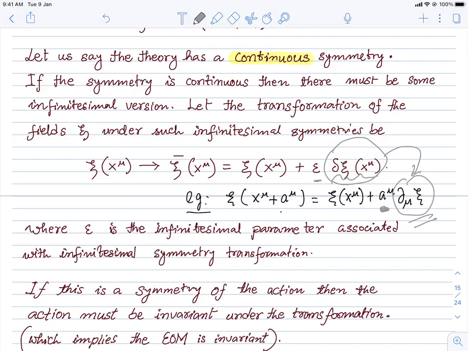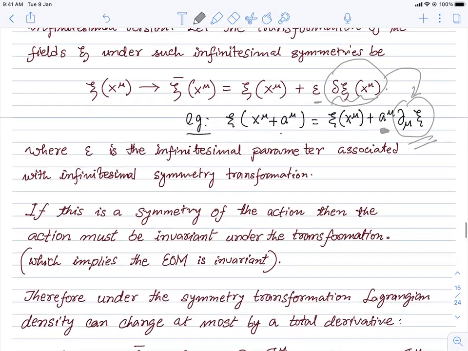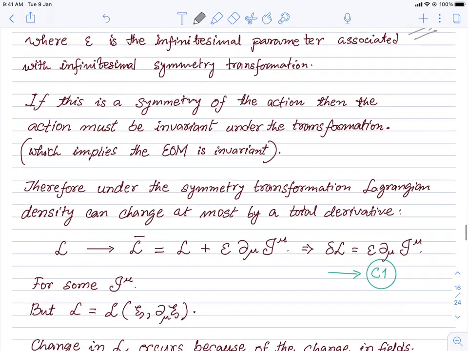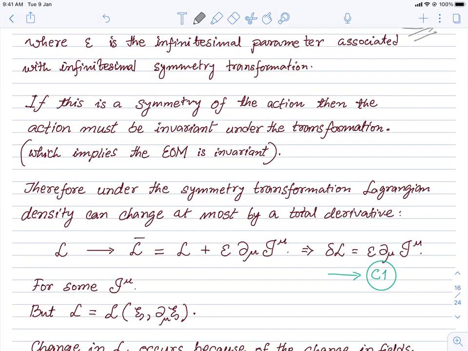Very good. Right, now with this, what we can do is we can ask, what is the change if it is a symmetry? Then the Lagrangian must be invariant. So we can try to perform the symmetry transformation on the Lagrangian.